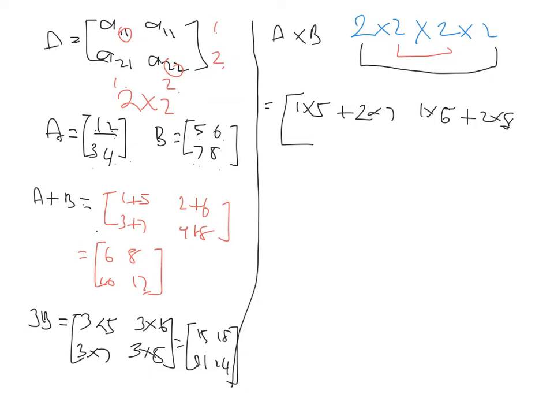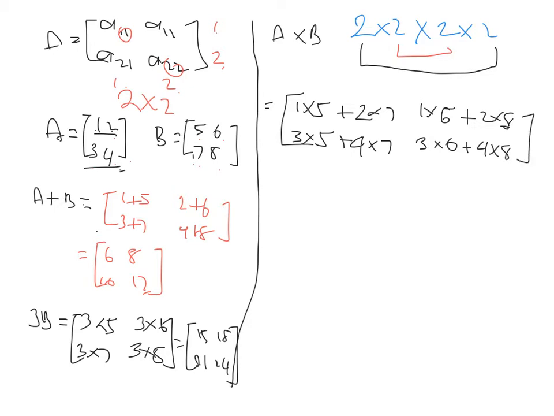Then at the bottom, we go through it again. So we do 3 times 5 plus 4 times 7. Then we do the same thing, except across the second column. So we say 3 times 6 plus 4 times 8.